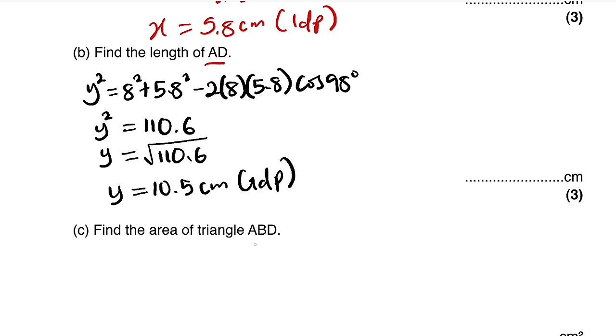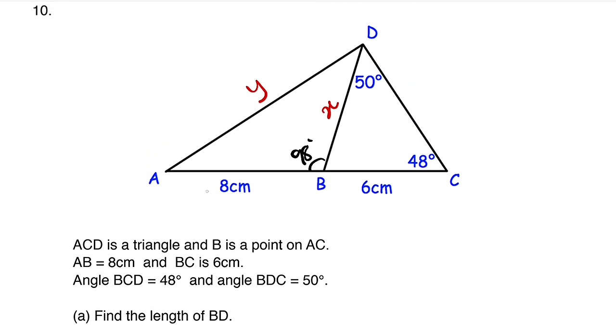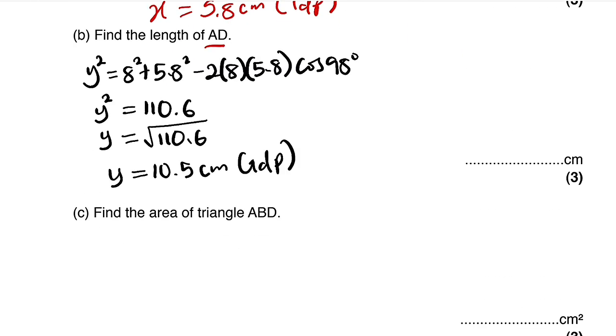And lastly, we are asked to find the area of triangle ABD. ABD, let's find it. All right, we can do that. Since we have this and the included angle, it will be 1/2 multiplied by x multiplied by 8 multiplied by sine of 98. So the area will be 1 divided by 2 multiplied by 8 multiplied by x.